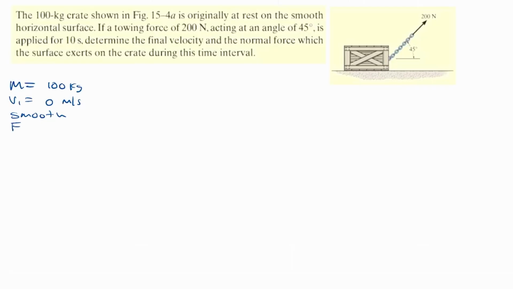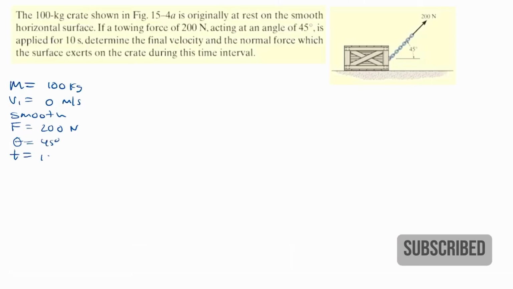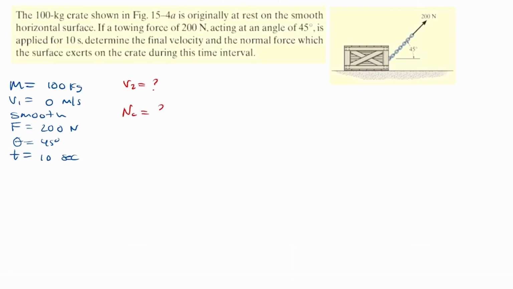The force applied is 200 newtons at an angle of 45 degrees, and this force is being applied for 10 seconds. So with this, we are looking for the velocity after the 10 seconds. What's the final velocity? And what is the normal force on the crate?